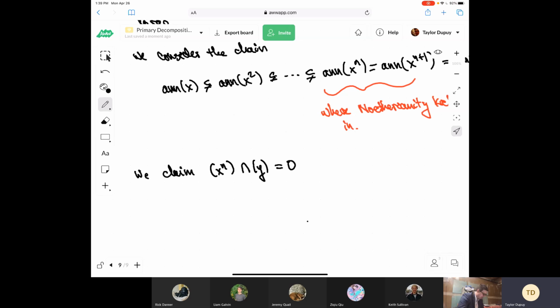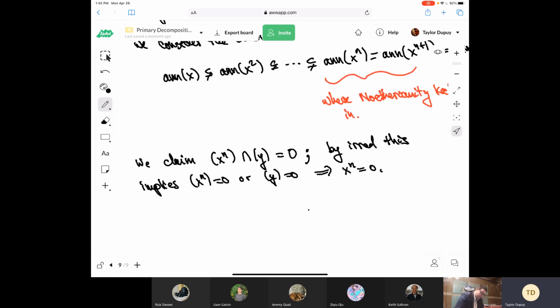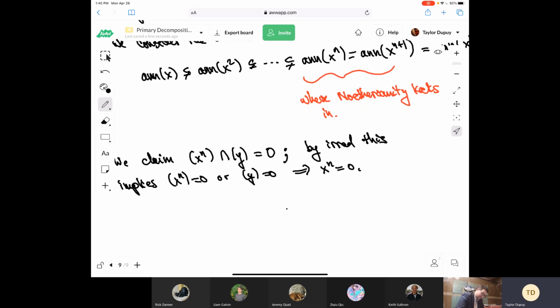So by irreducibility, this implies x to the n is equal to 0, or y is equal to 0, which implies that x to the n is equal to 0, because we supposed that y was not equal to 0.